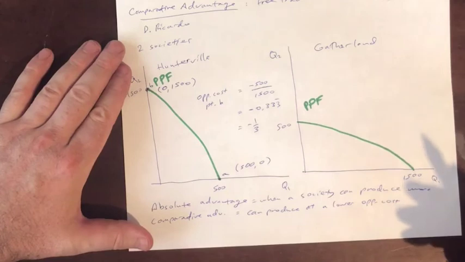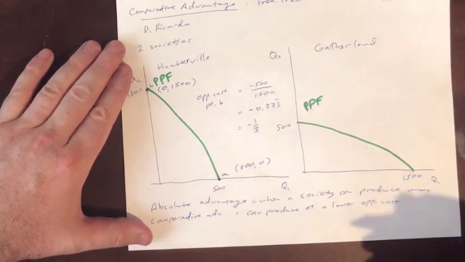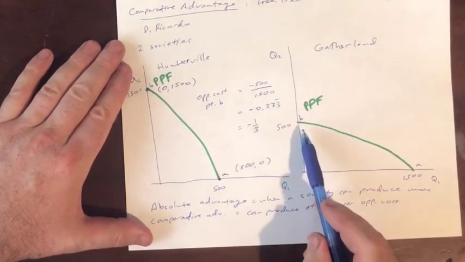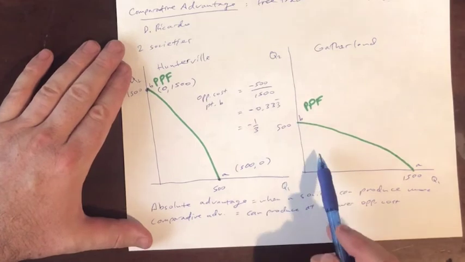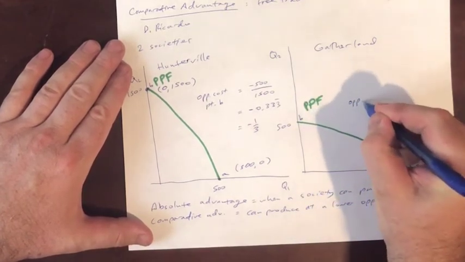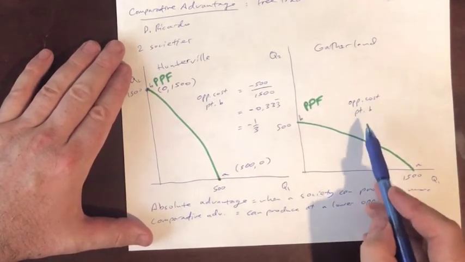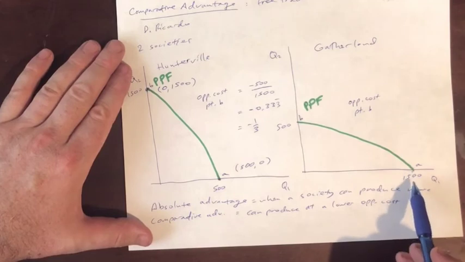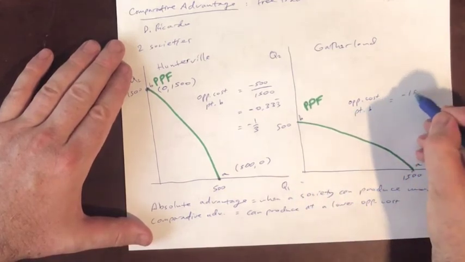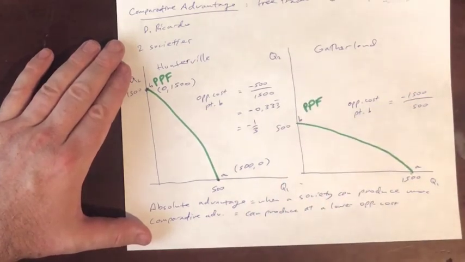Now, for Gatherland, their situation is reversed. If they consider their opportunity cost at point B, to be at point B relative to point A, they would have had to give up 1,500. Their loss is 1,500 over their gain of 500.